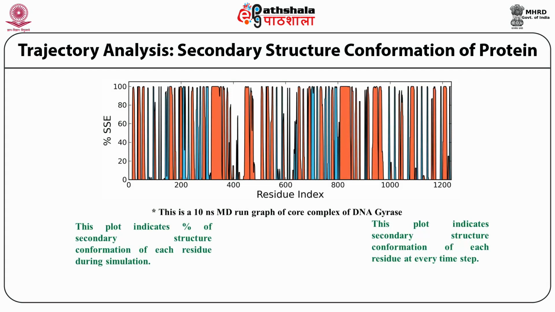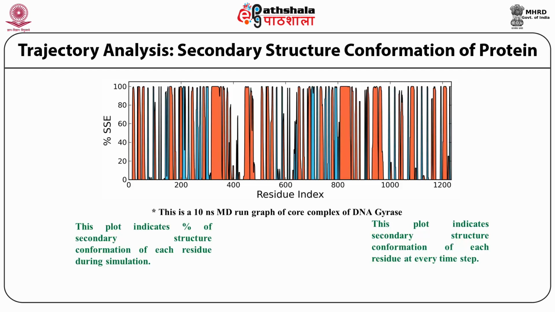This is the figure which indicates the MD simulations of DNA gyrase, which is composed of two different monomers and consisting of 1200 residues. This graph plot of secondary structure pattern of protein depicts the secondary structure conformation of residues at different time points over a 10 nanosecond simulation.